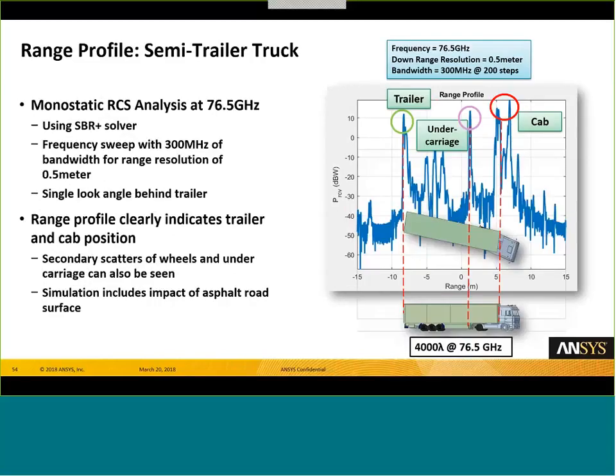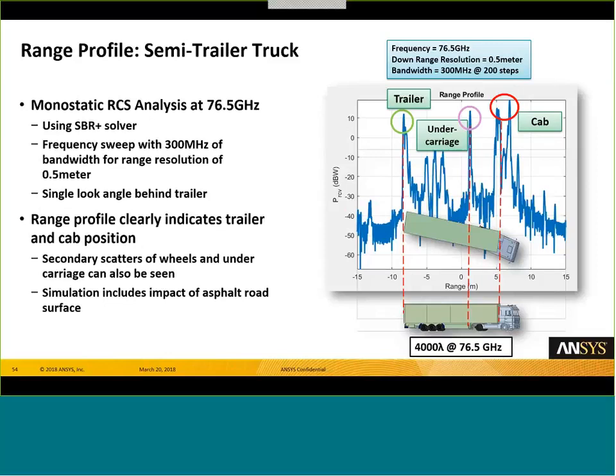So here's another practical example of a physically large target that's illuminated by an automotive radar system. At 77 gigahertz, this target is 4,000 wavelengths long, so it's really large. The scene actually includes the interaction with the asphalt road surface in this case.